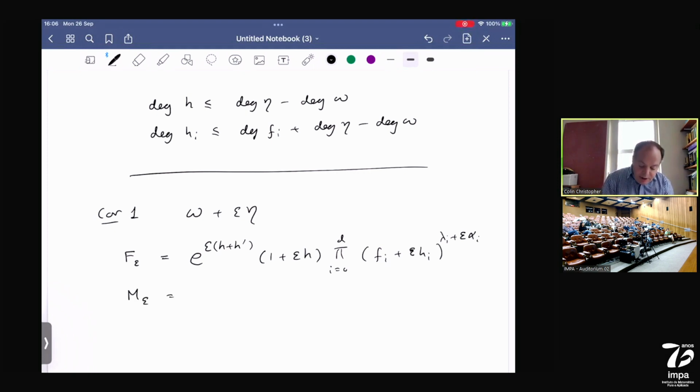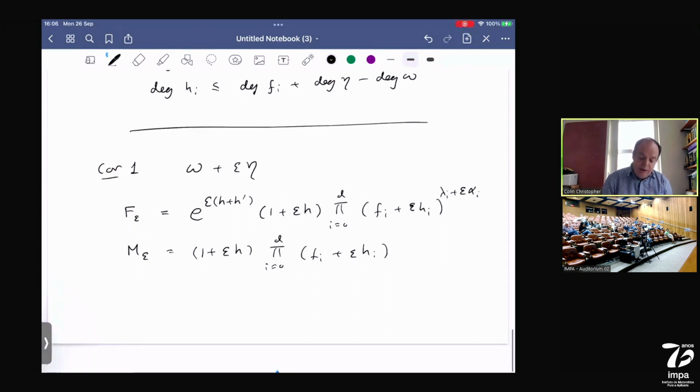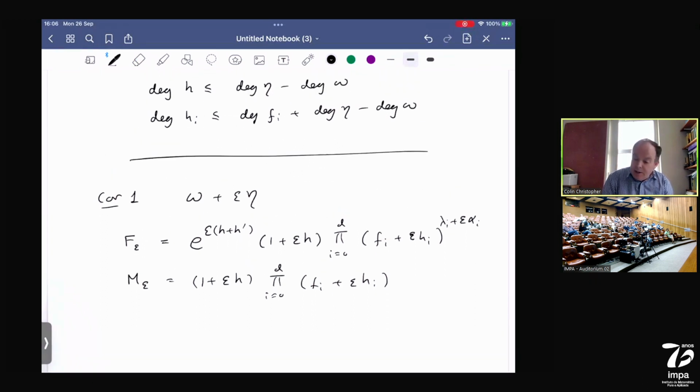We also need to redefine m now. So m is going to be the product of all the curves to the power 1. But because this is a new curve, we need to add it here as well. So this is going to be the product from i equals 0 to d of fi plus epsilon hi. And then if we work out what we're left with, we take omega epsilon to be m epsilon times d f epsilon over f epsilon.